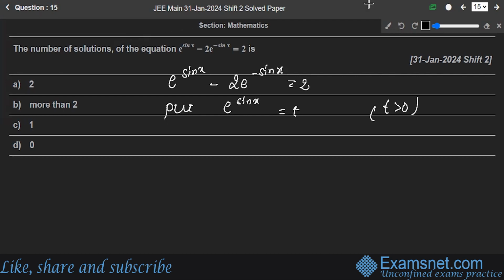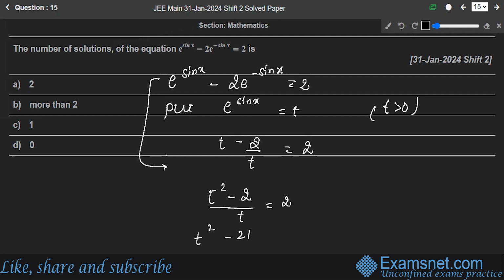So this will be t minus 2 upon t, that's equal to 2. So t square minus 2 upon t is equal to 2, or you will have t square minus 2t minus 2 is equal to 0.